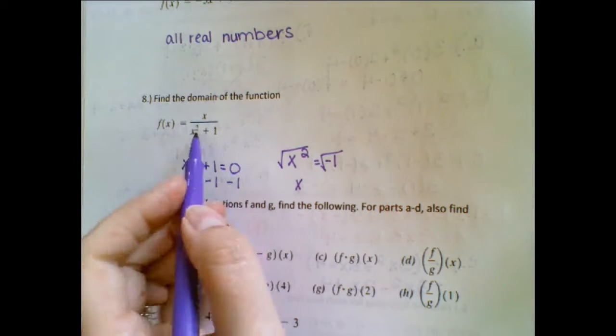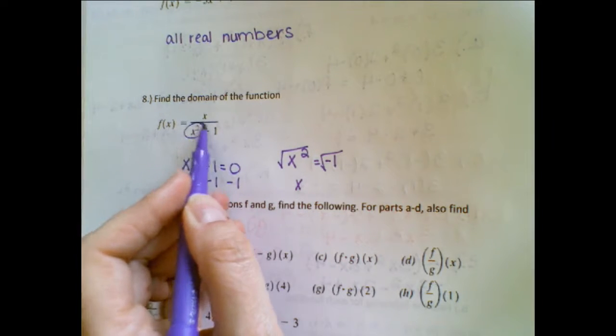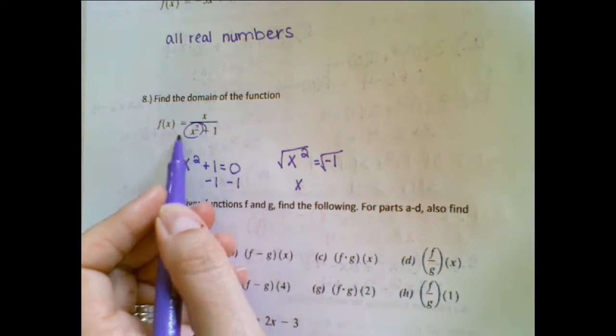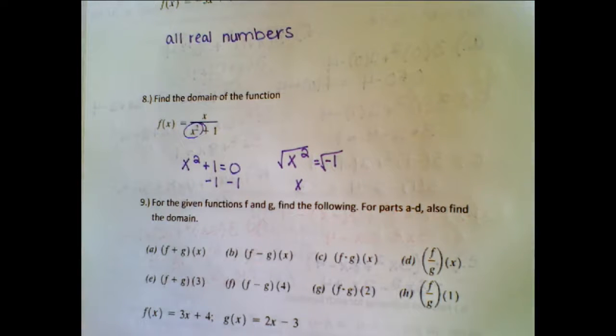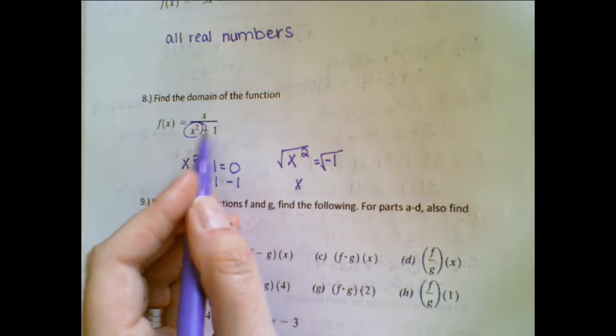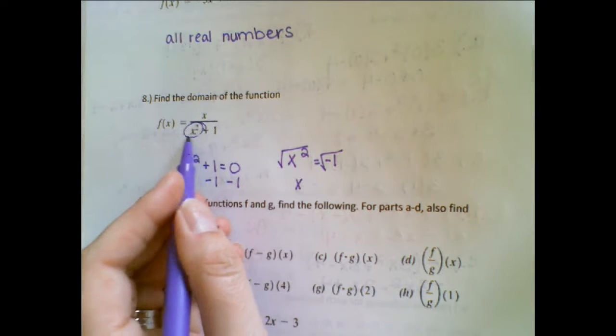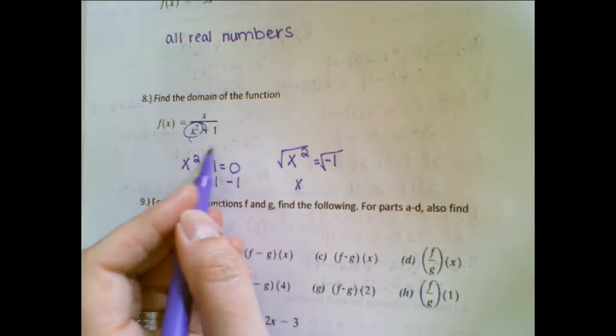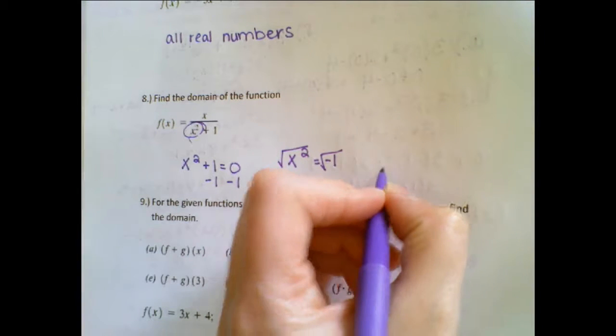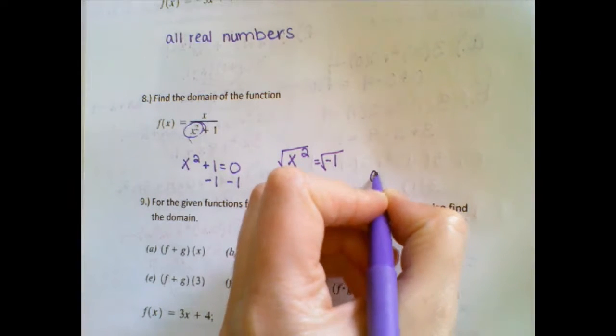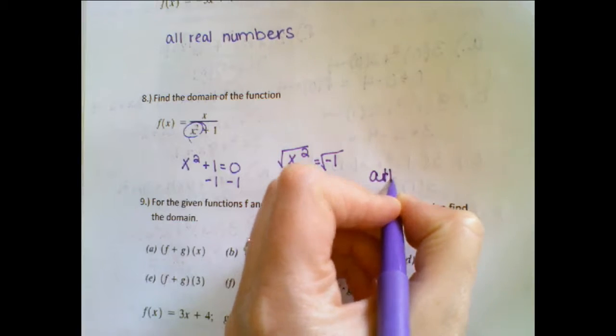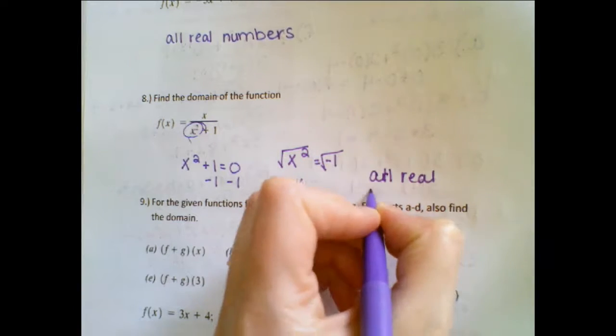However, no matter what I put in here, because this is squared, it doesn't matter if I put a positive or a negative, I'm still adding it, and the positive or the negative is going to remain a positive, and we're adding it to 1. So therefore, this one still is all real numbers.